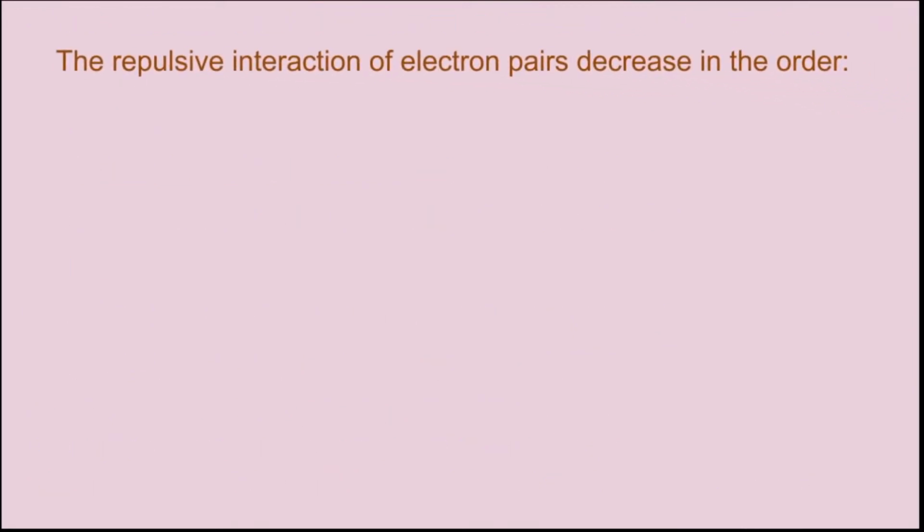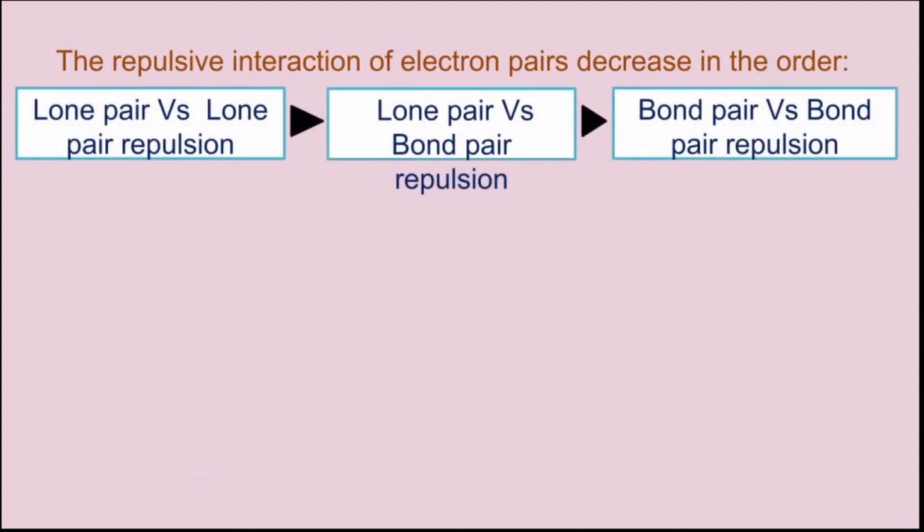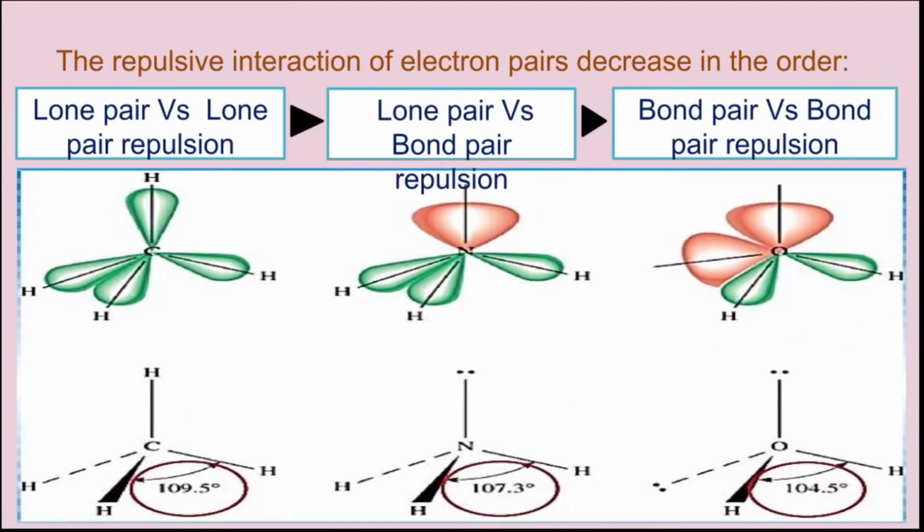The repulsive interaction of electron pairs decreases in the order: lone pair-lone pair repulsion is maximum, then lone pair-bond pair, and the weakest is bond pair-bond pair repulsion. Here you could see the bond angle created due to the repulsion of different electron pairs.